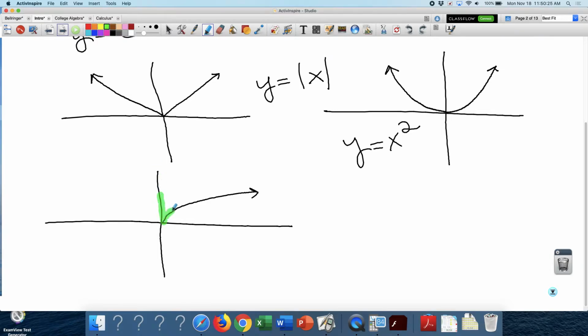It almost looks like a what? Think math. Square root. So this one is new, but if you can see the radical there, it's the square root of x.